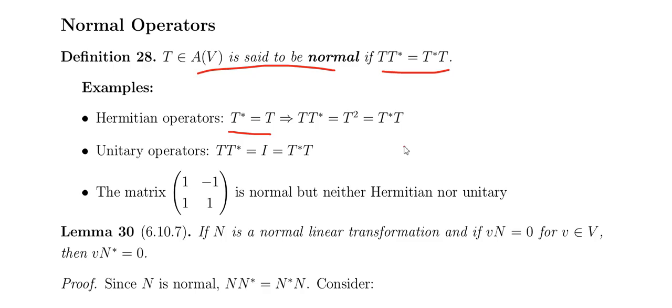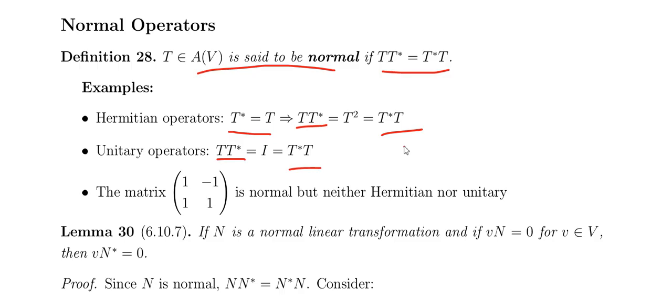So these are examples for the normal, that is TT star equal to T star T. That is called the normal. So unitary operators are normal, and a Hermitian operator, T star equal to T, is also normal.